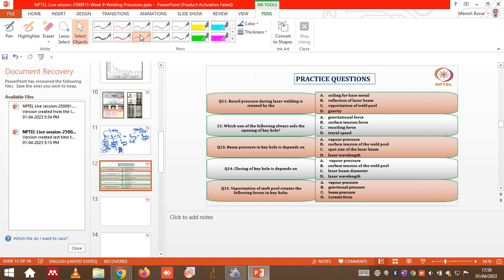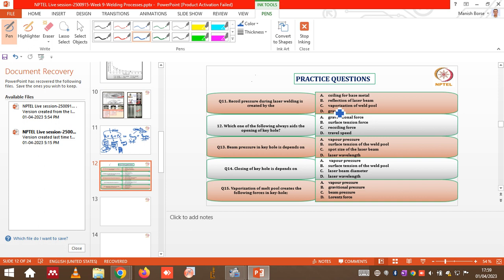Then we'll go to the three different case studies we have seen in the regular classes, right? So recoil pressure during the laser welding is created by, as I said, the vapors which try to escape from the keyhole or weld nugget.